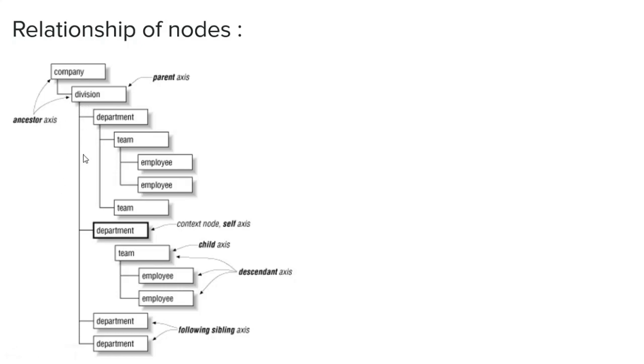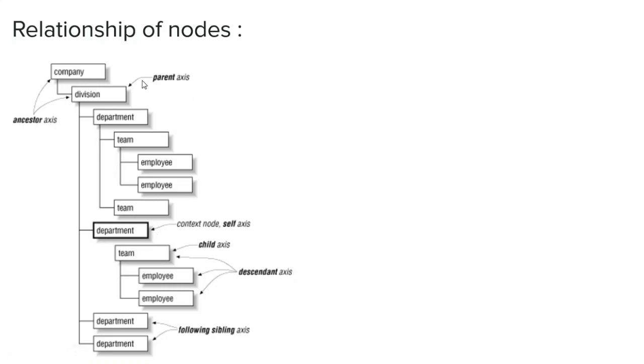Division is the immediate parent, whereas company is the parent of division. That means these two nodes, company and division, are ancestor axis for this department node. So this is how we can use the relationship or XPath axes with the context of the self node or context node.